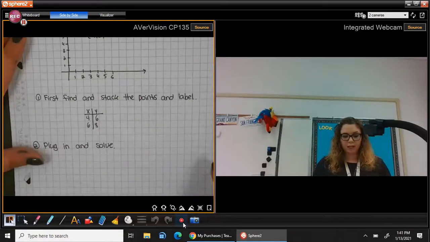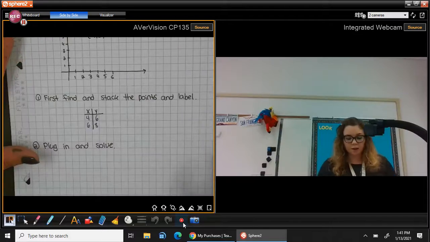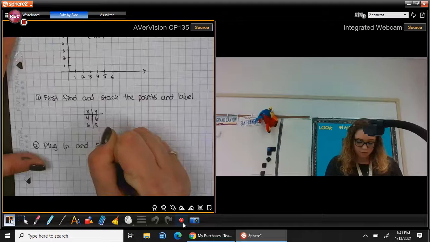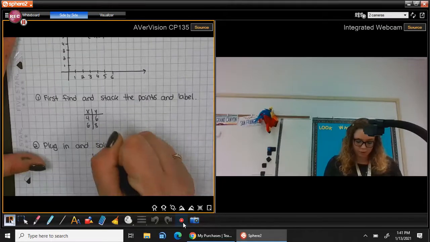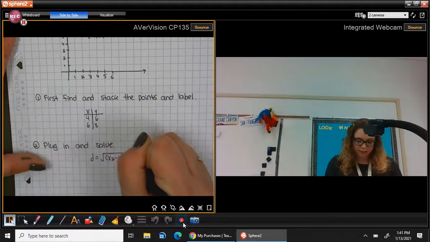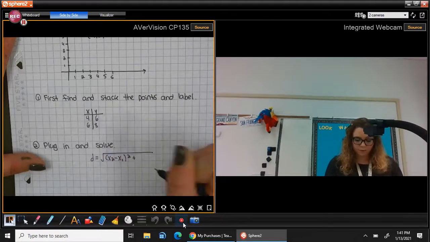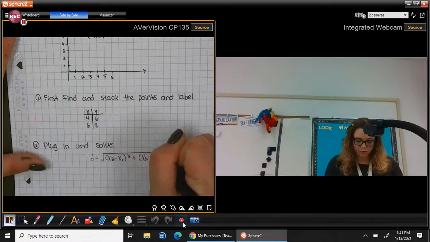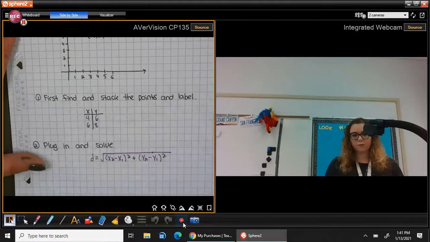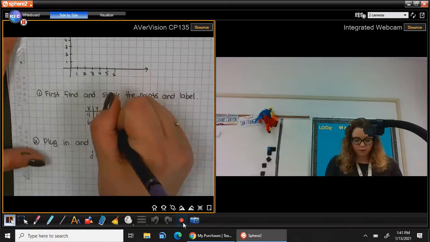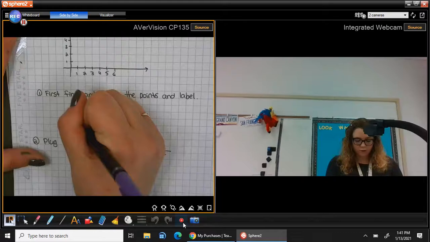Then I'm going to plug into the distance formula and solve, and I always want to write out my formula first before I start plugging in numbers. So when you do your homework, when you do your tests, I want to see this formula written out. And so this is 1, this is 2.